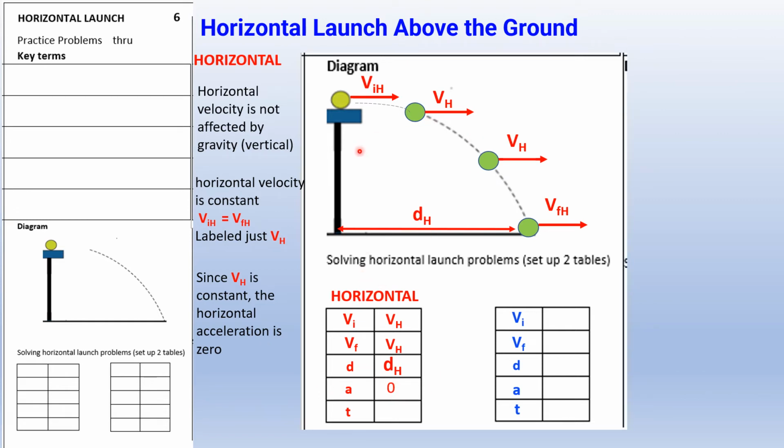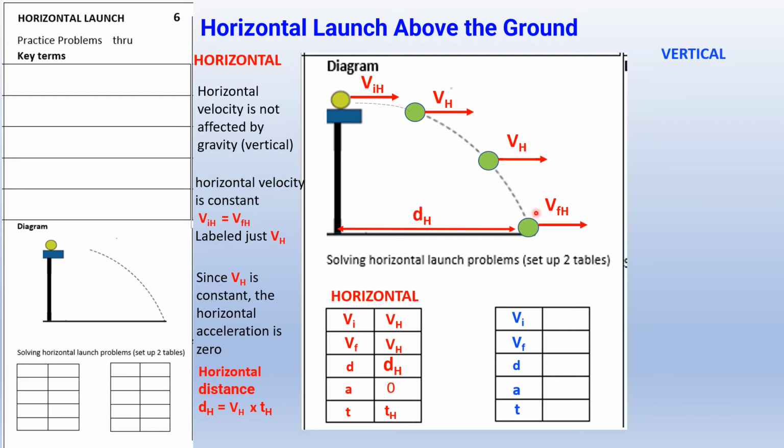Now I have the horizontal time that I'm going to call TH. The horizontal distance can be calculated by this formula: DH is equal to VH times TH, which is the fourth formula from the motion equations.